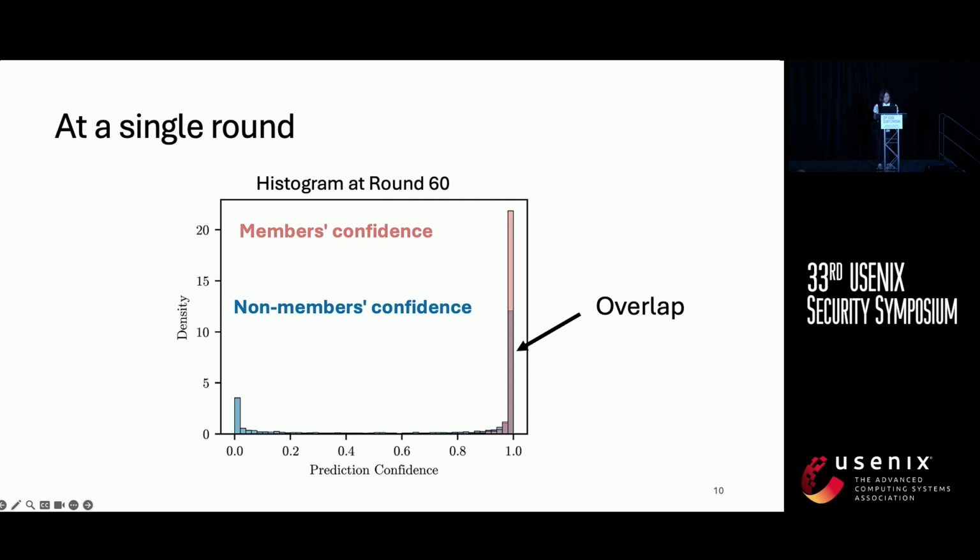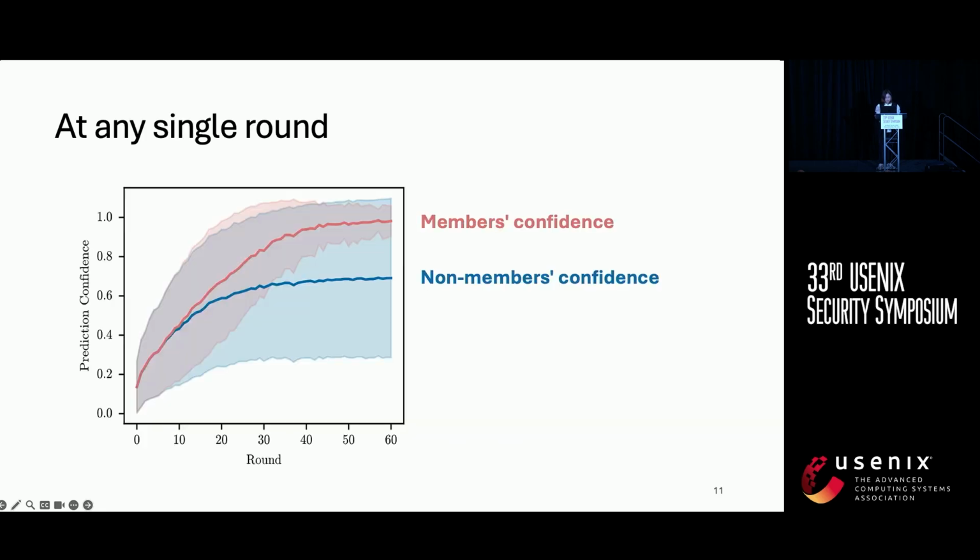For example, here is the prediction confidence for the members and non-members at around round 60. There is a large overlap between the two groups. And this significant overlap can be observed in every round. Here is the average prediction confidence score and its standard deviation for the two groups, and we can see that the overlap can be observed in every round.